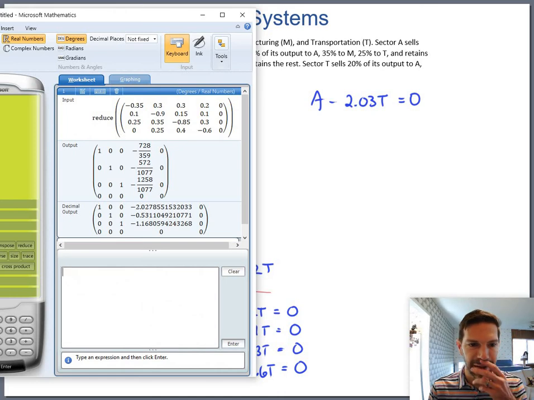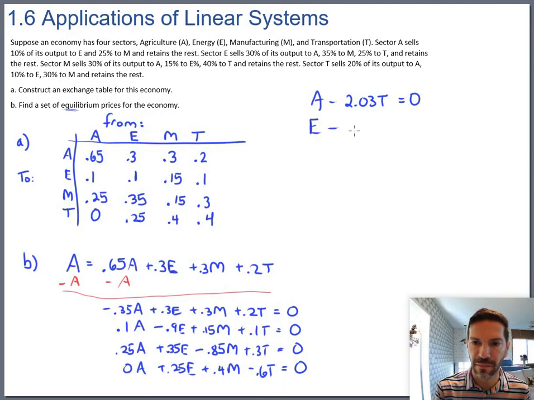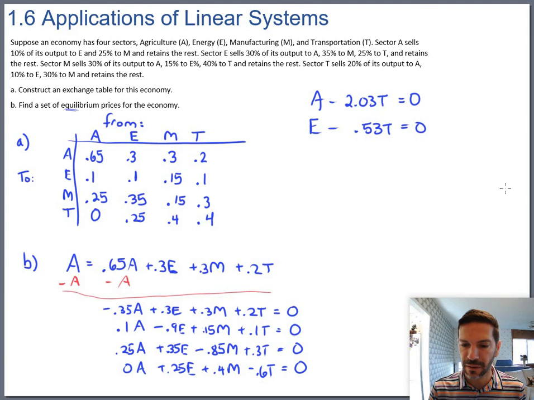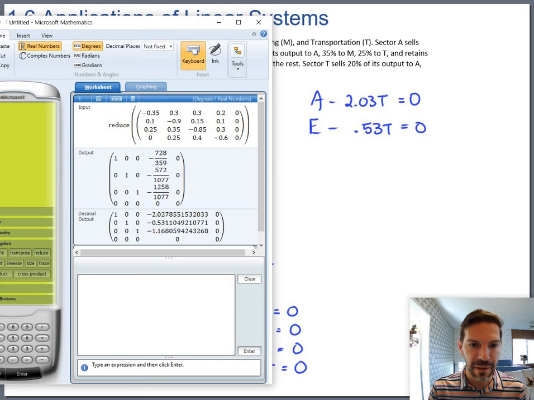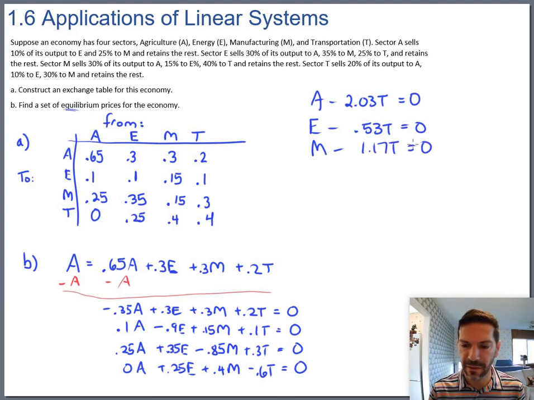The next line is E minus 0.53 T, and the next one will be M. So that'll be M minus 1.17 T equals 0.